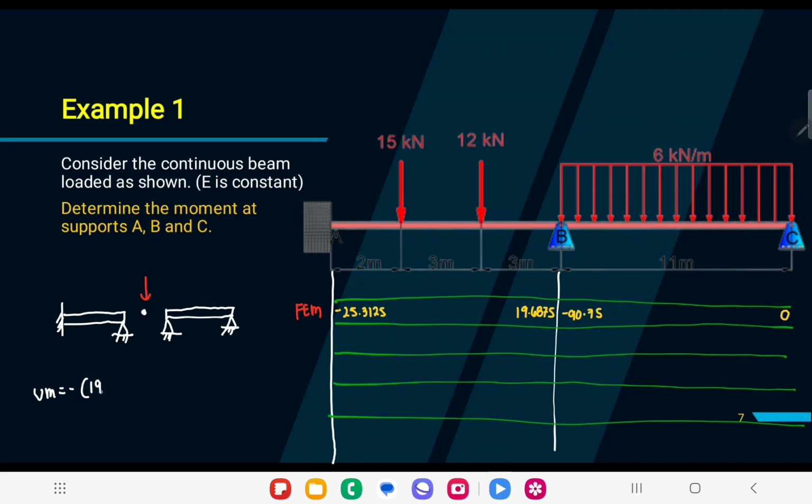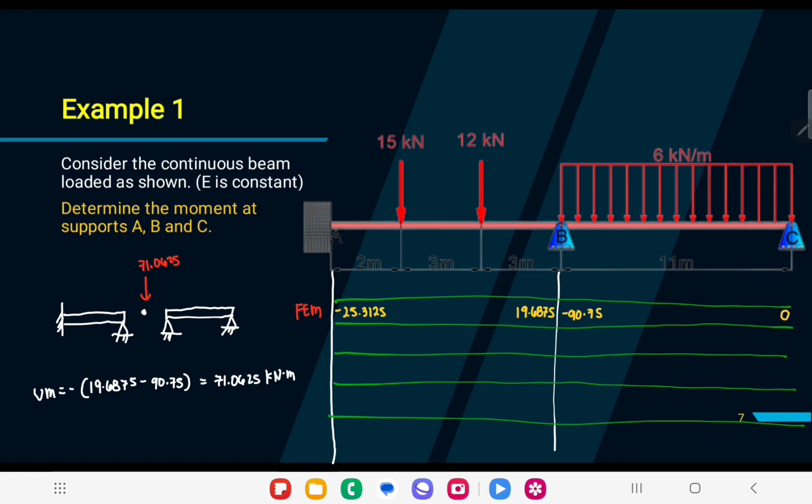So, 19.6875 minus 90.75. So, yung unbalanced moment natin will be equal to 71.0625 kilonewton meter. So, yung unbalanced moment na paghahatian ng dalawa will be equal to 71.0625.